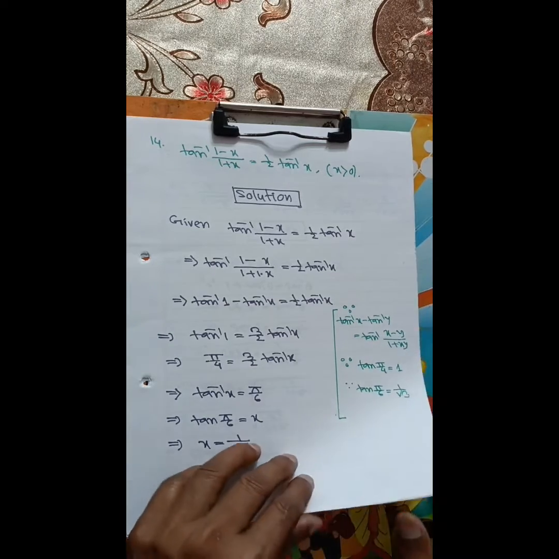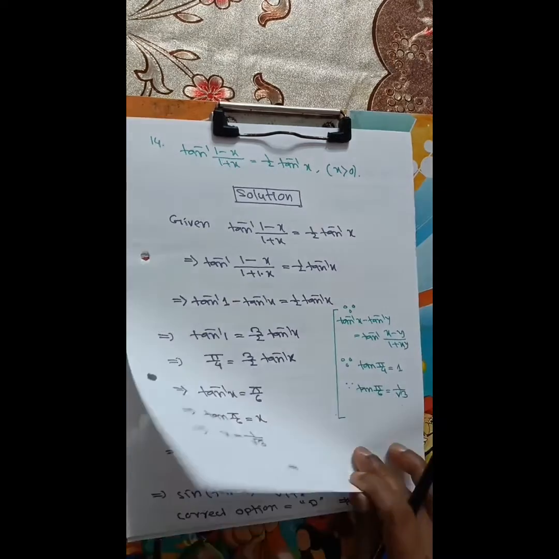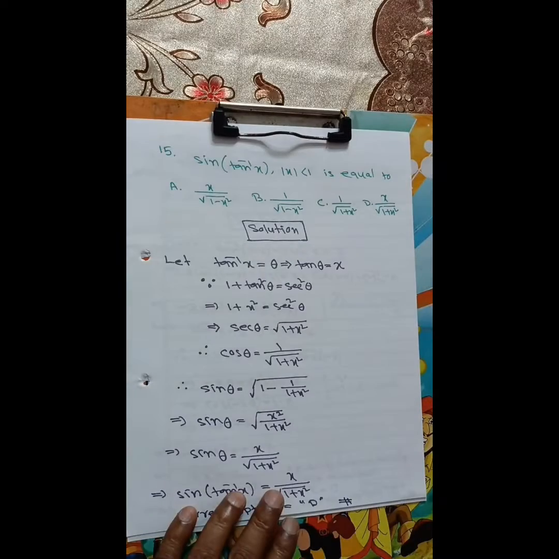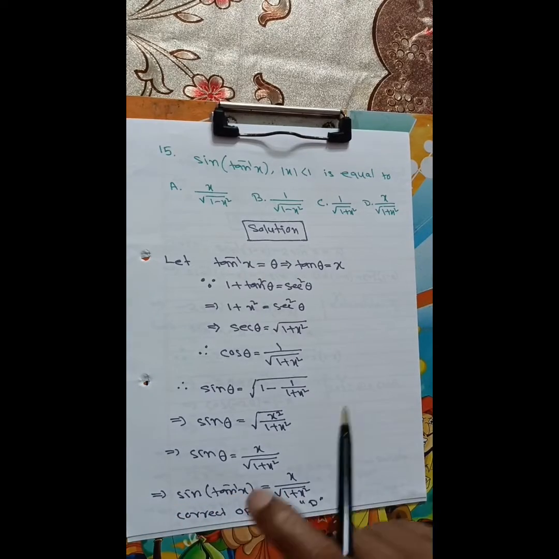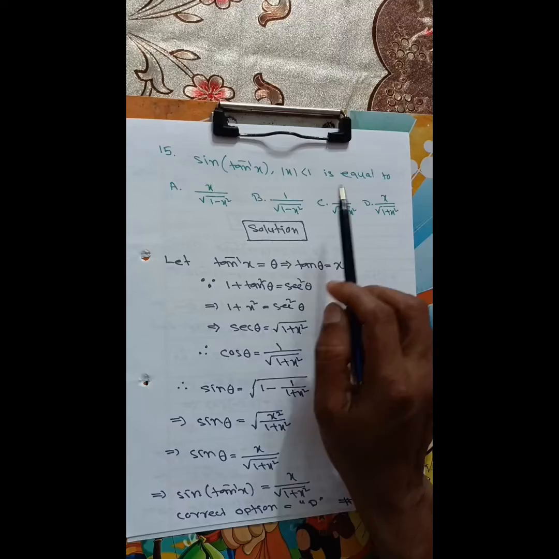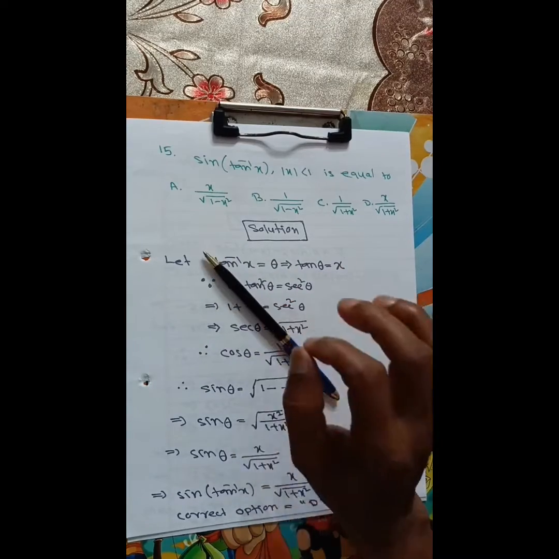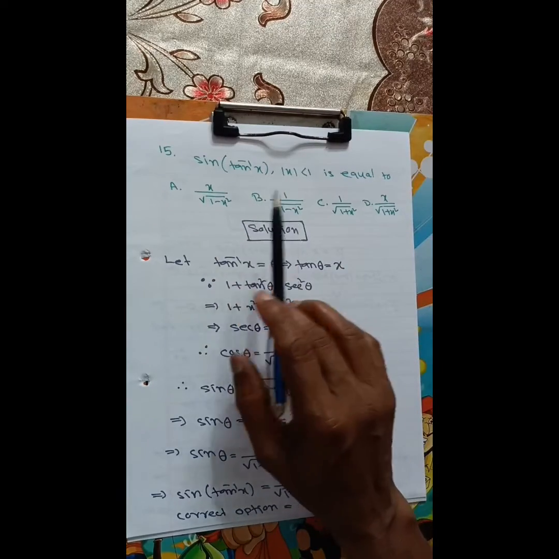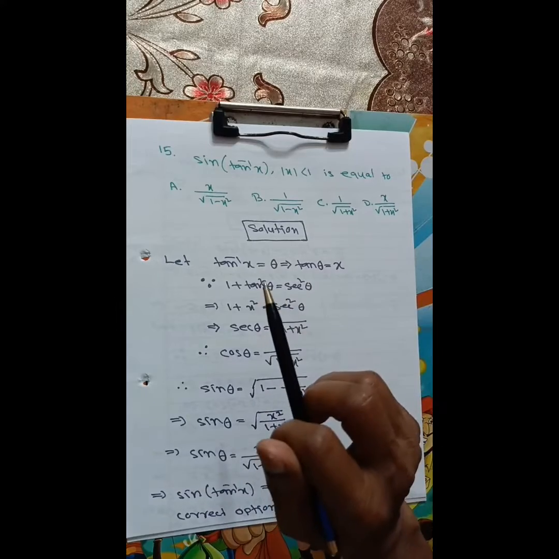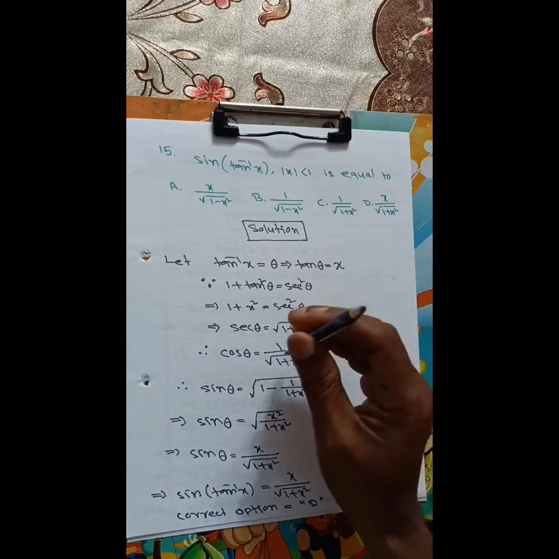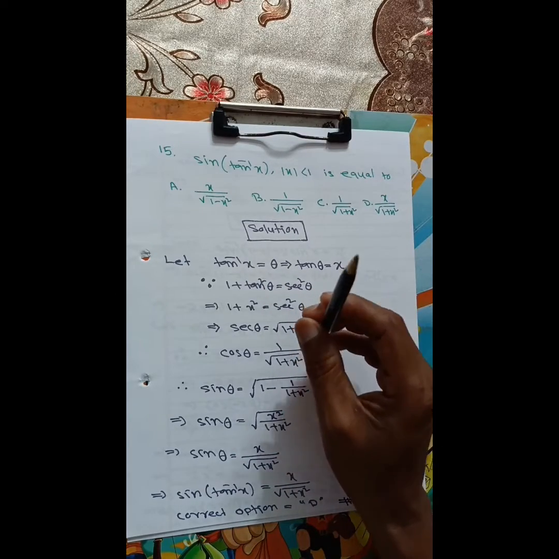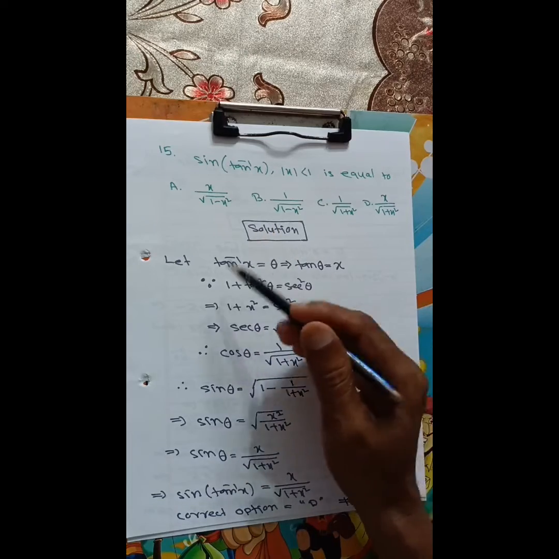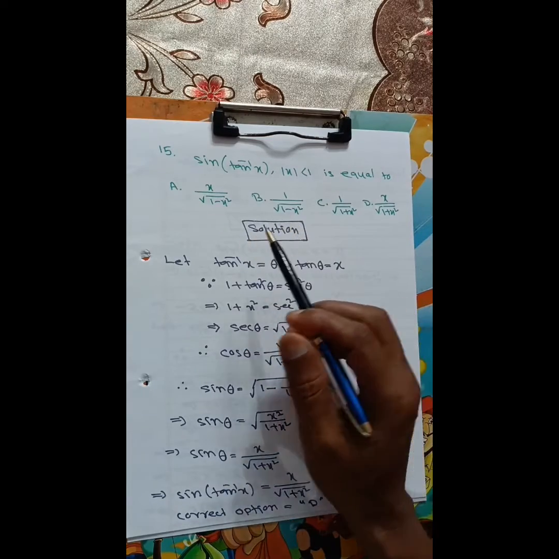Thank you. So we are going to the next question. The next question is question number 15. Find the value of sin of tan inverse x, where modulus x is less than 1. That is a multiple choice question with four options. This question is very important from the JEE Mains point of view.